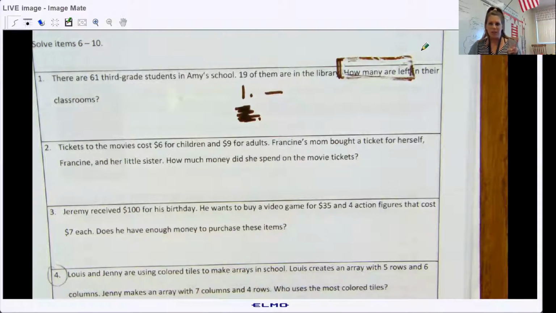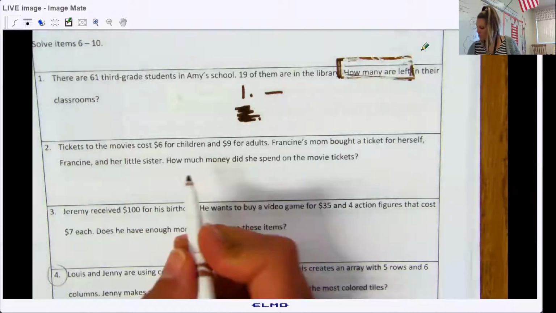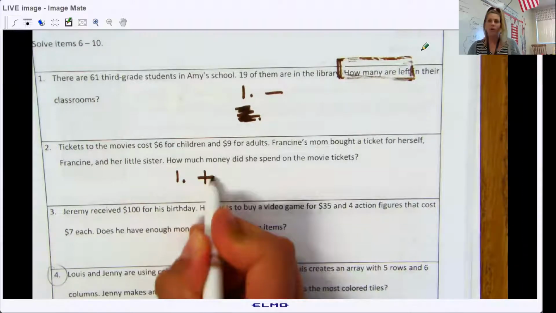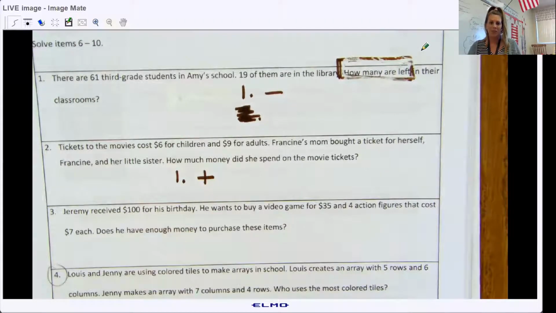Well, this one could be tricky. We could do this in one step, or we could do it in two. But I'm going to go with just one step. And what are we going to do for that one step? We're going to add, right? What did you box? What was that keyword that helped you?